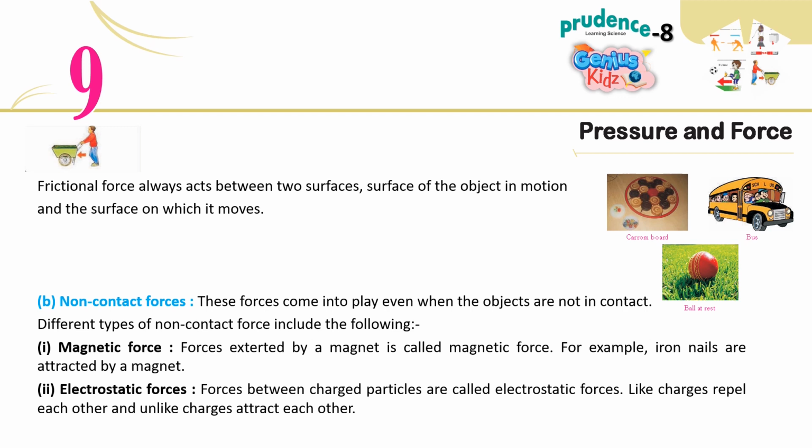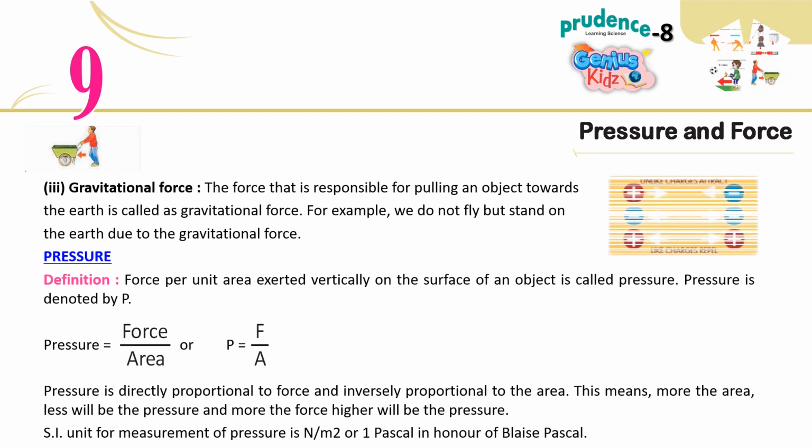Forces between charged particles are called electrostatic forces. Like charges repel each other, and unlike charges attract each other. 3. Gravitational force. The force responsible for pulling an object towards the earth is called gravitational force. For example, we do not fly but stand on the earth due to gravitational force.